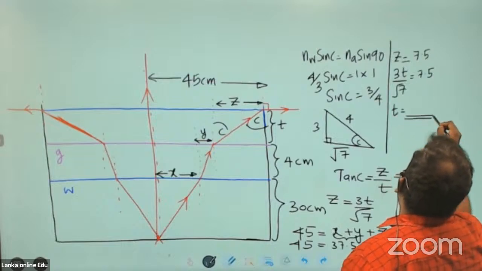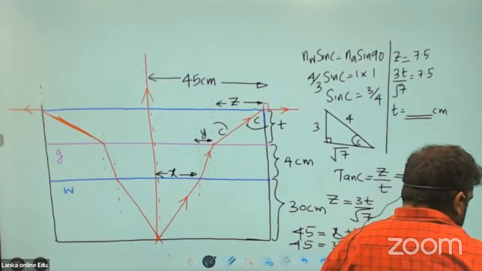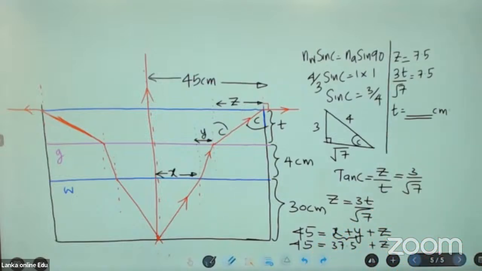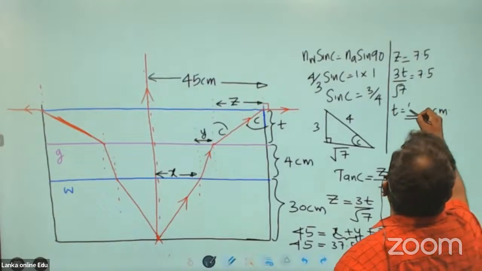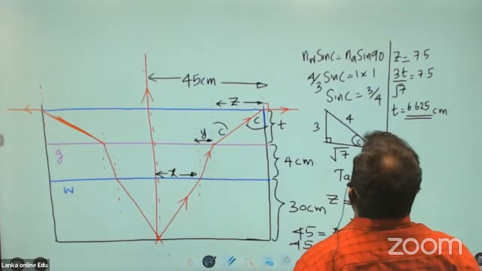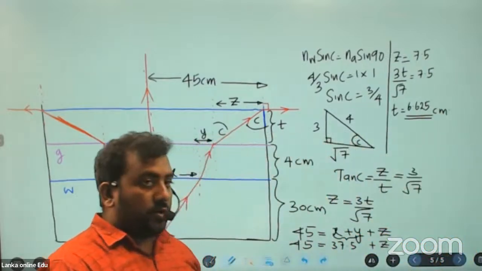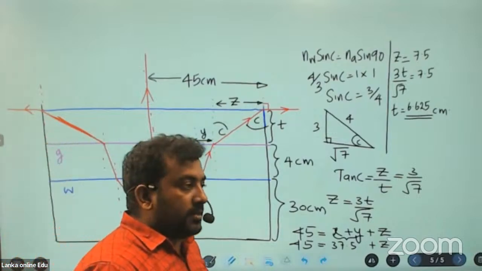Thickness can be separately found in centimeters. Root 7 you can separately find, 2.65. 7.5 multiplied by 2.65 divided by 3. 6.625. 6.625 centimeters. There you go. Easily you can find 6.625 centimeters.